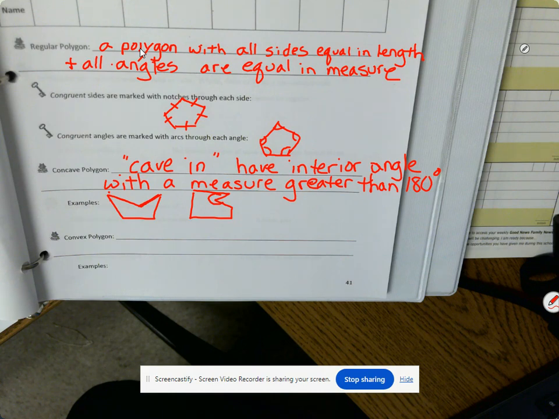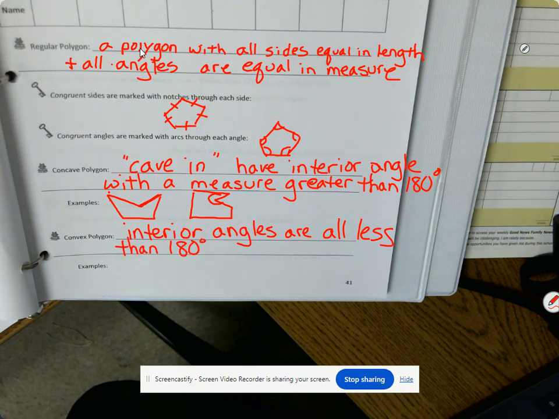Convex. One more, friends. Convex polygon: interior angles are all less than 180 degrees. So convex, they're all less.